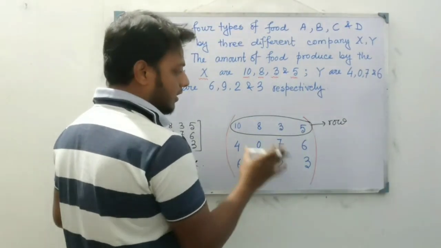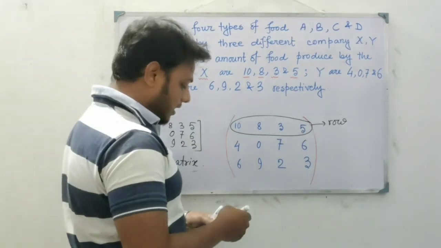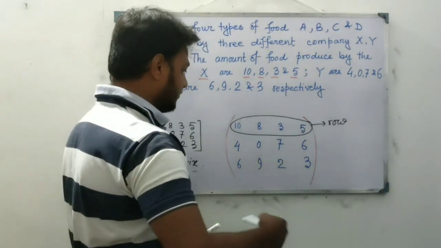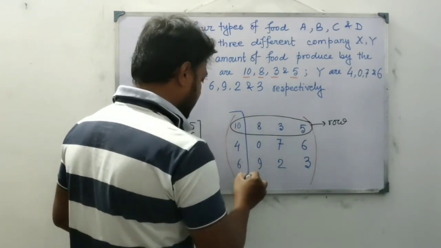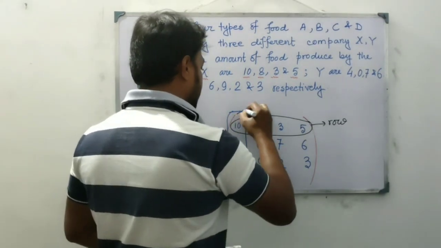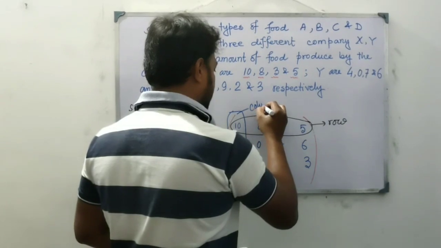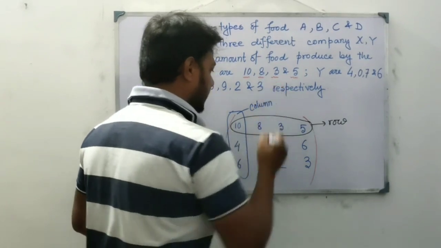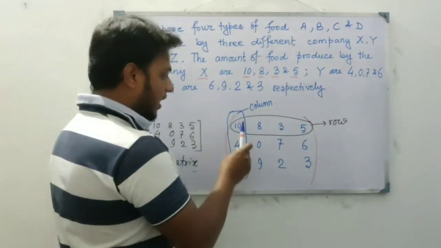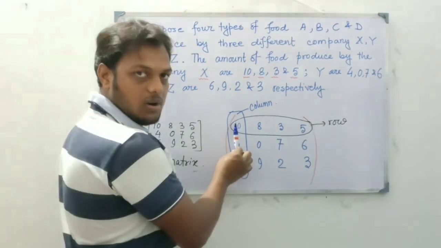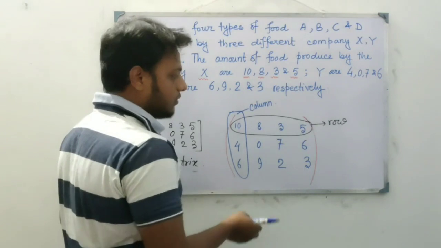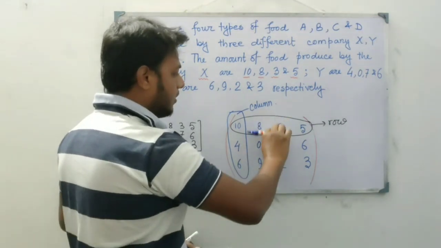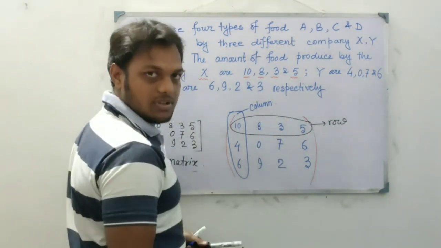First, second, third. 3 rows are there, and these are called columns. In vertical way we have to count the columns, and in horizontal way we count the rows. 1, 2, 3. Total 3 rows.